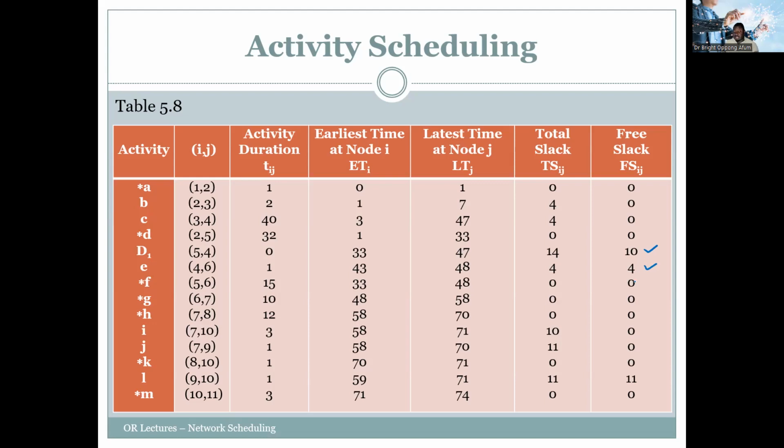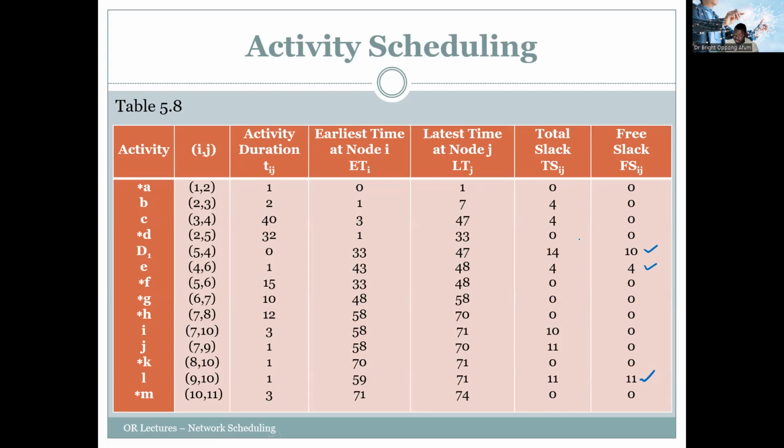We can delay that for as much as 4 days before it affects the next succeeding activity. Same with activity L, connecting the motor to the main electric supply. Assuming there are challenges in getting electricity, we can delay the activity by 11 days before it will affect the next activity, which is the testing run.